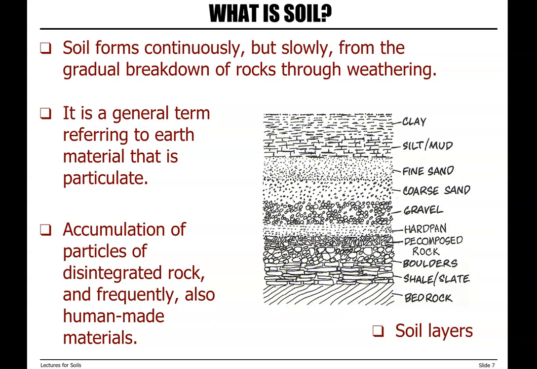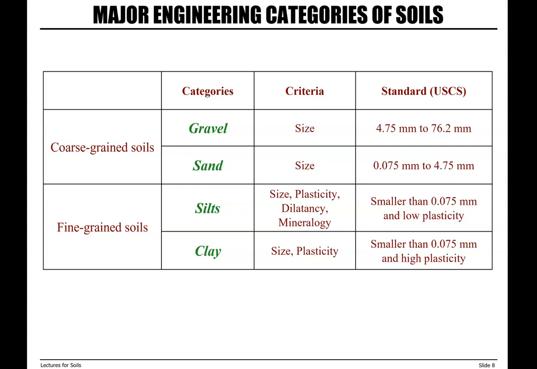Accumulation of particles of disintegrated rock, and frequently also handmade materials, forms soil. And we have different layers: clay, silt, fine sand, coarse sand, gravel, hard pan, decomposed rock, boulders, shale slate, and finally we have bedrock.